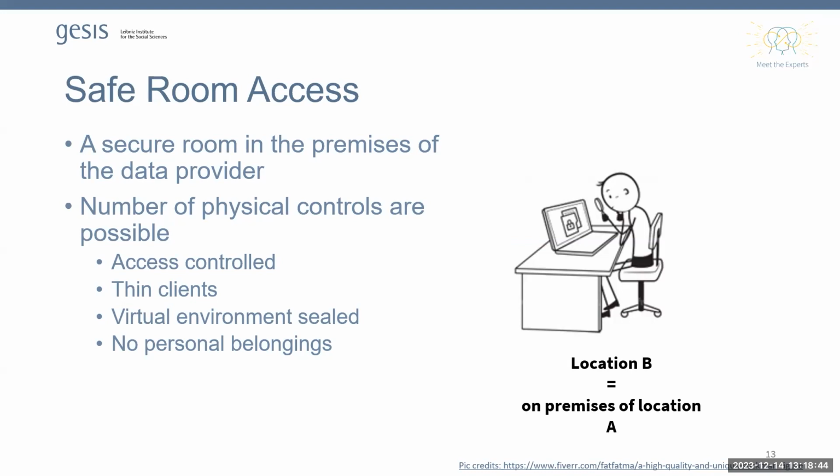We can have things like thin clients, which is what we use, which prevent the researcher from accessing anything other than the virtual machine, which is specifically for their projects. This means that the virtual environment that they log into is completely sealed. So they can't access any other drives, they can't access the internet, they can't bring a USB and connect that. It's completely sealed.